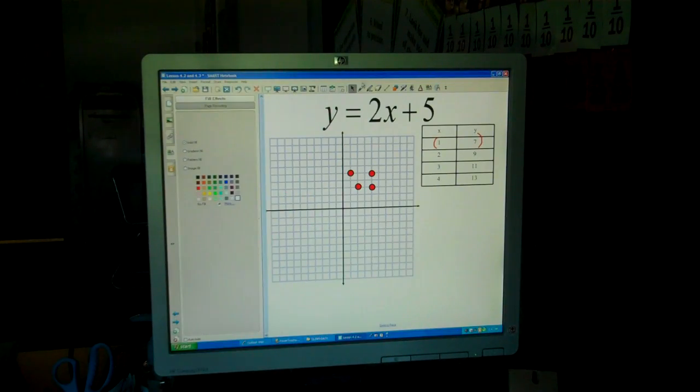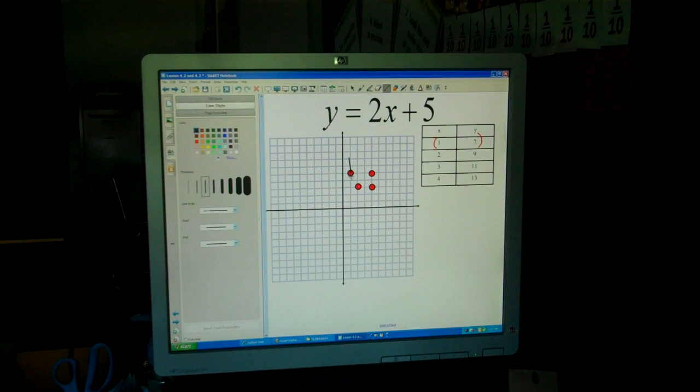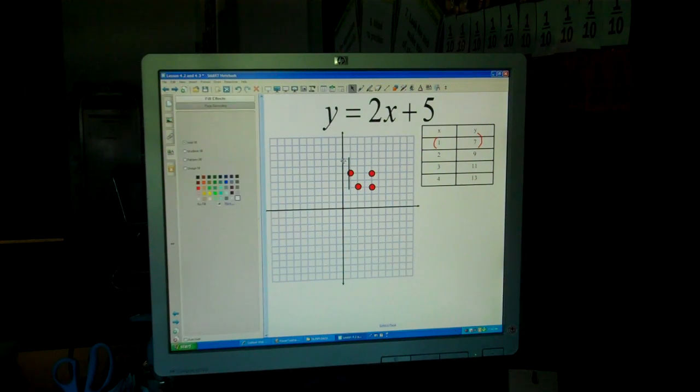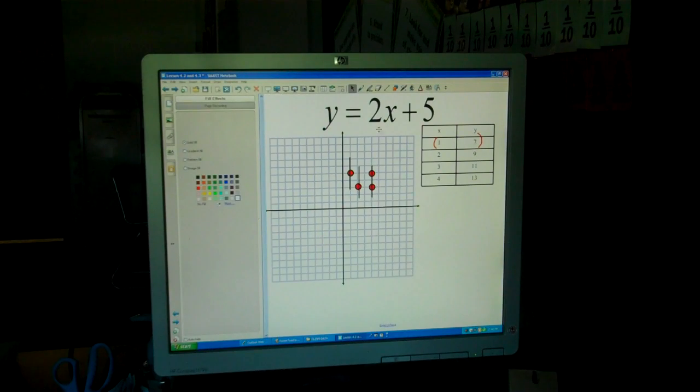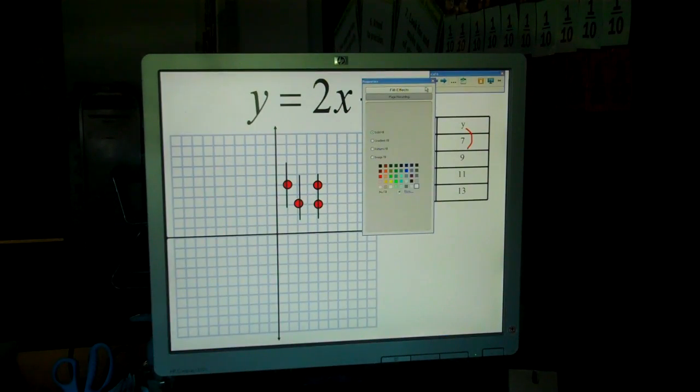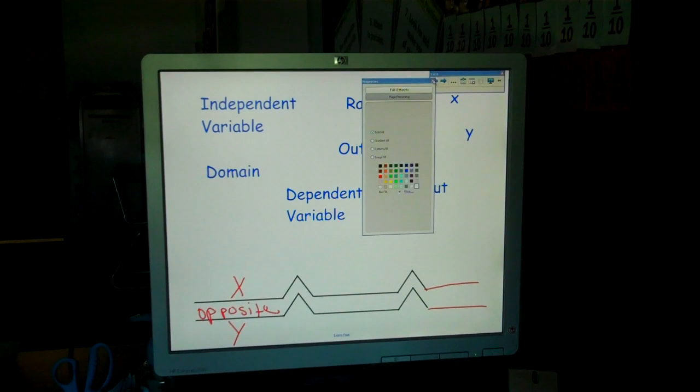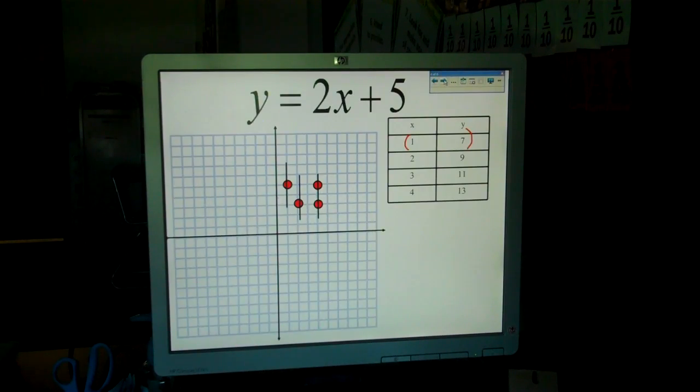If I go to do a vertical line test, I pass there. That only hits 1 point. That only hits 1 point. But look here. I'm sorry. Here, it hits more than 1 point. This would not be a function because it hits more than 1 point, so it does not pass the vertical line test. So this example right here is not a function. Okay?